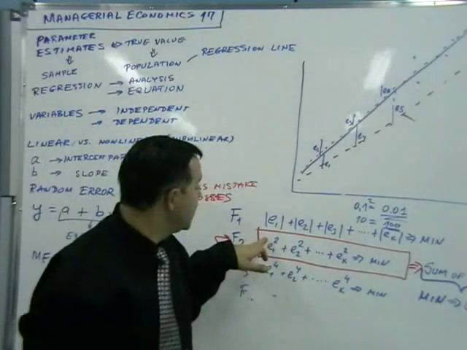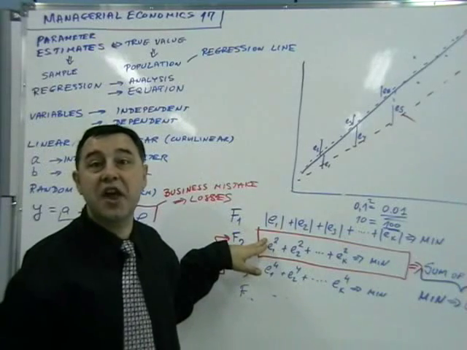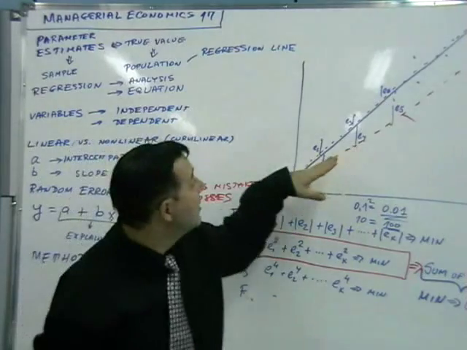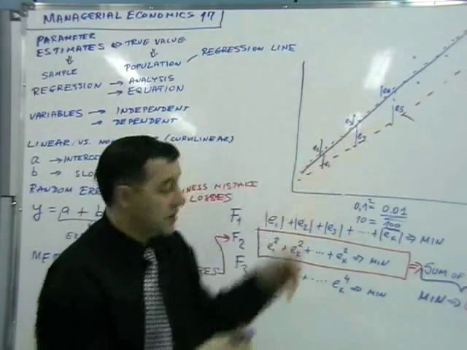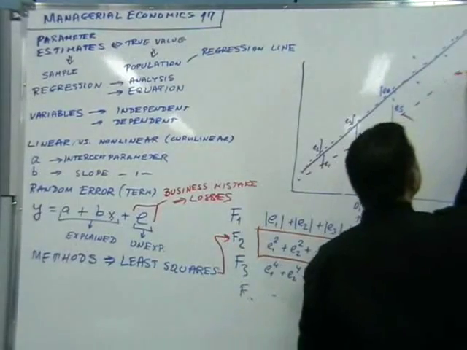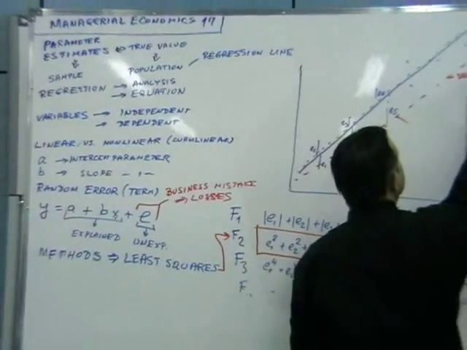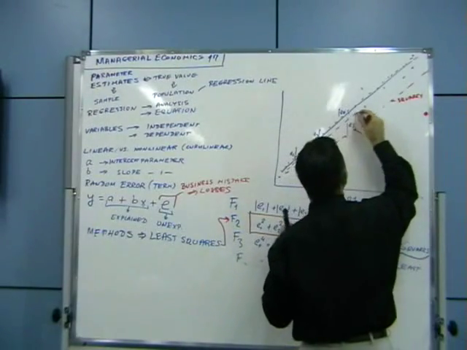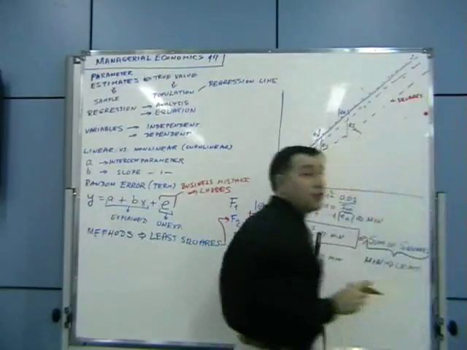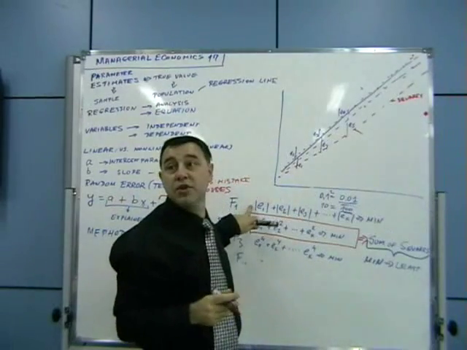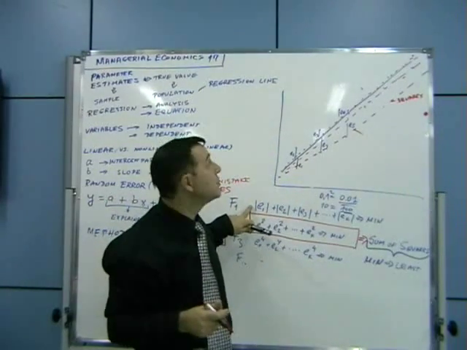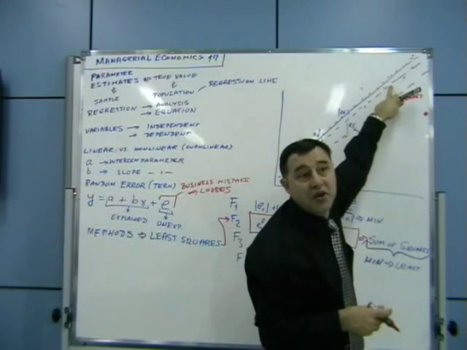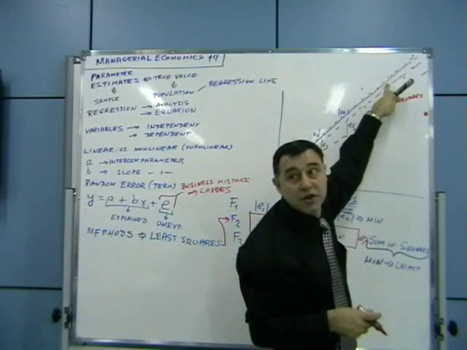Now, if you were not penalizing large errors through their squares, but were using this function, then when you redraw the line, this is if you use squares. But if you recompute with absolute values instead of squares, the new line will be very, very close to the original line.